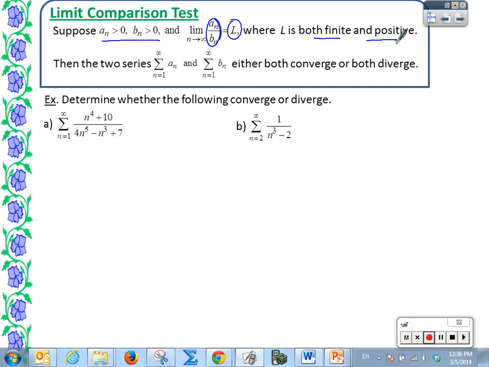They either will both converge or both diverge, depending on what the scenario is. Okay, so that's how this test works. It does not matter which one you put on top in the numerator. The one that you chose or the original, it makes no difference. The test will still work either way.